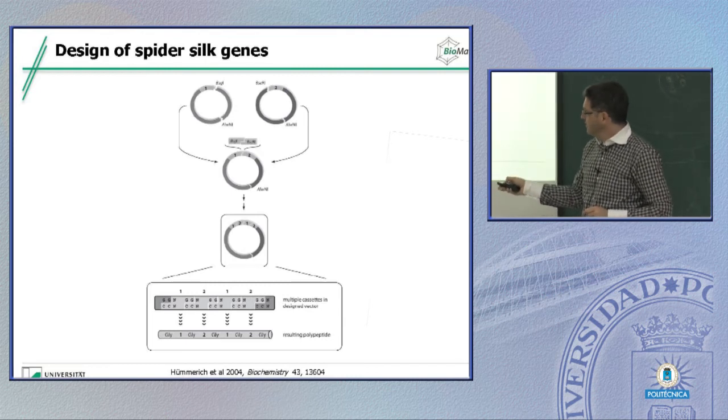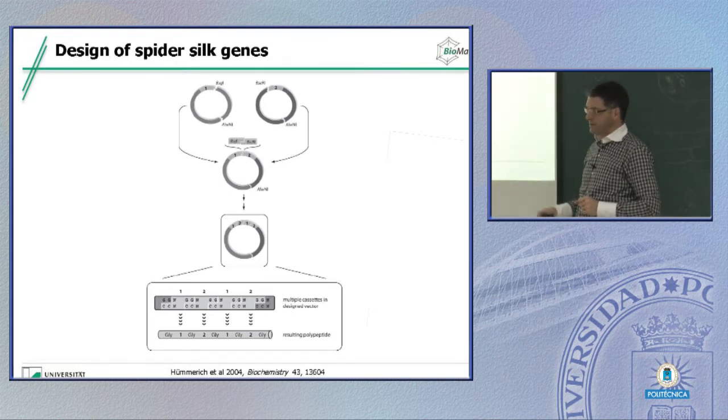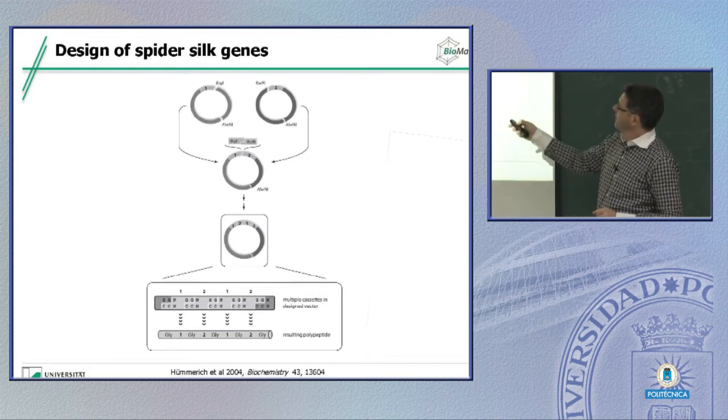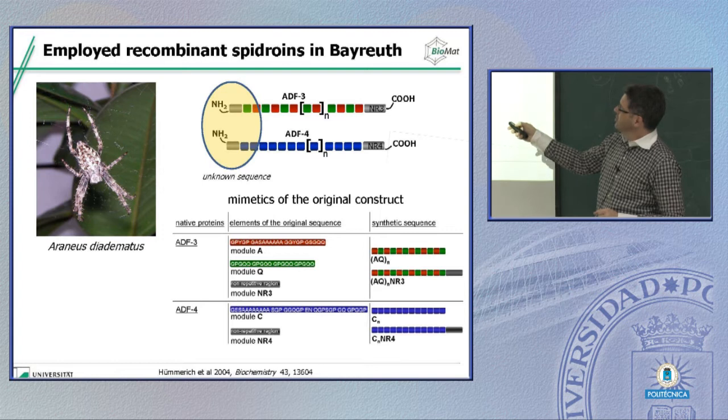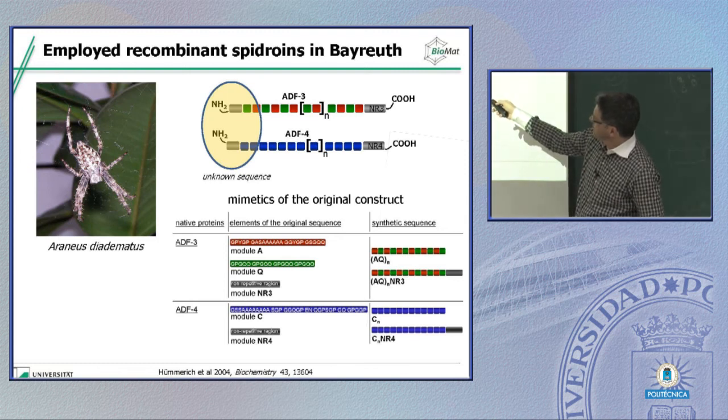Here you see such a cassette in the vector, and here you see already the setup that we used for linking different cassettes, because we can take a second vector here and just join these two vectors, having a site for restriction enzymes at the other end.